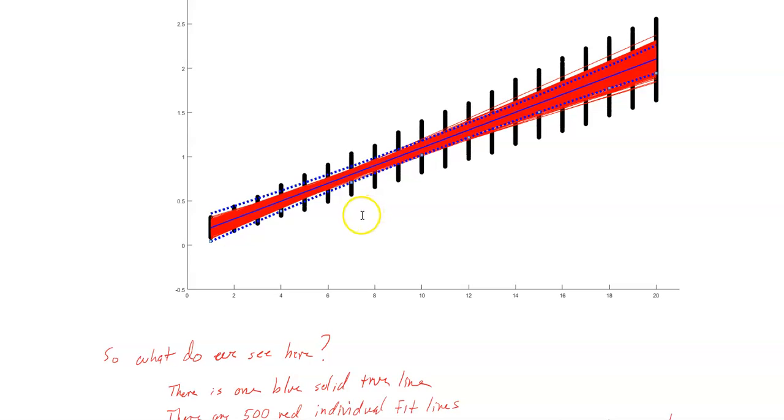Now, this is slightly different than what we'd expect because I added some noise to the slope and I added some noise to the y-intercept separately. And so what that means is that the larger the value of wind speed, the larger the noise value once it gets multiplied into the slope.